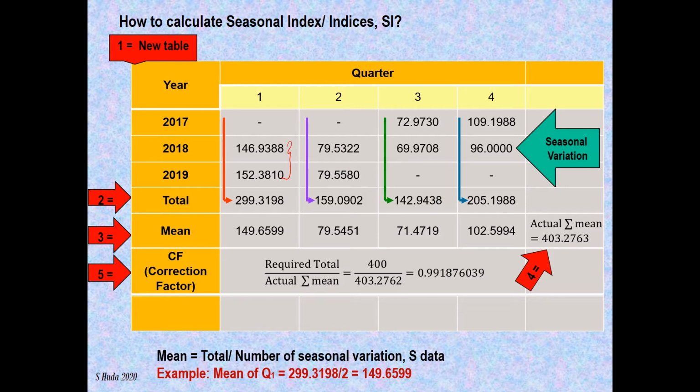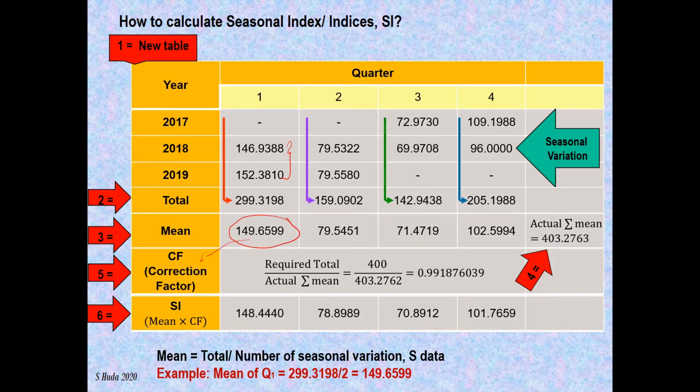Next, the aim is to calculate SI. The seasonal index is the mean times the correction factor. So for each mean, you need to multiply by the correction factor. So you get the seasonal index value. At the end, you want to check whether your SI is good or not. You calculate the total SI. Based on the example, total SI equals 400.